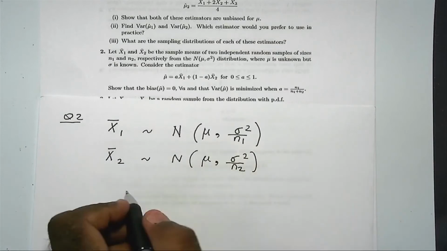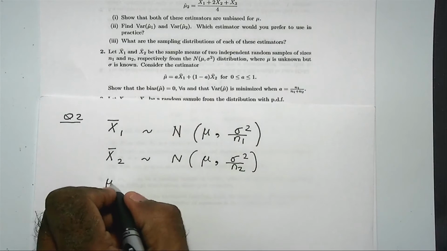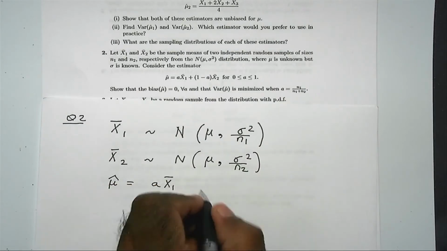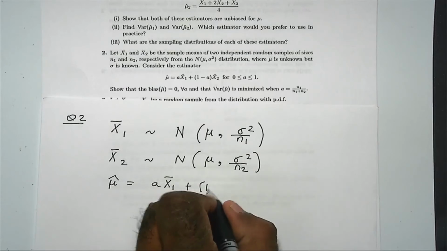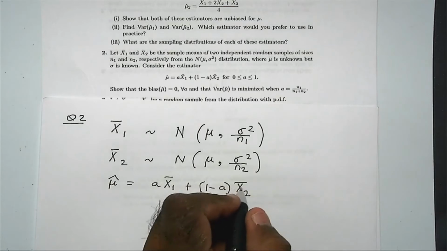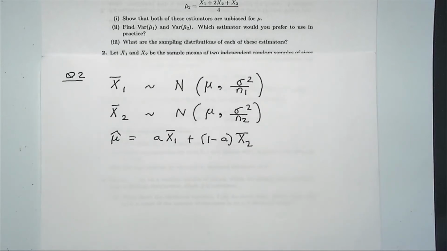Now we have this estimator mu hat, which is a times x bar 1 plus 1 minus a times x bar 2. Now we want to show that this is unbiased. Let's see how we can do that.